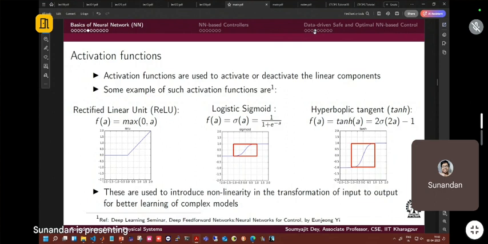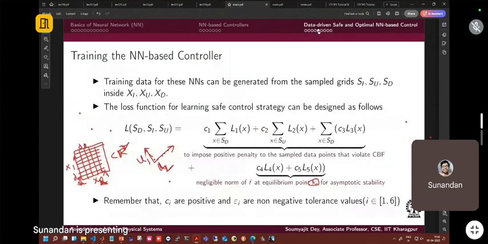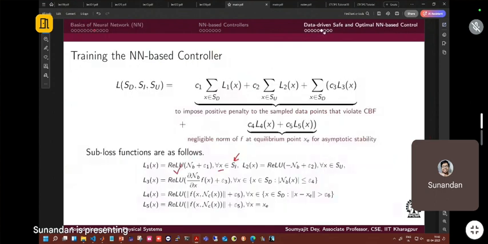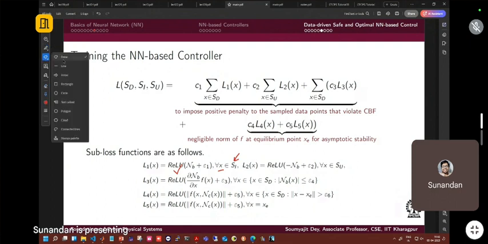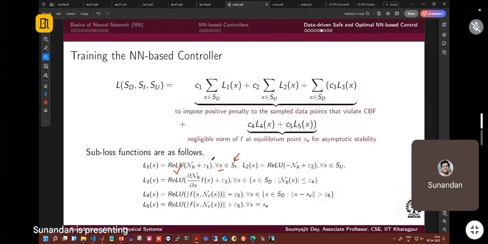That is why we are using ReLU as an activation function to design this. If the values are negative, it is always adding some positive value as it is approaching.